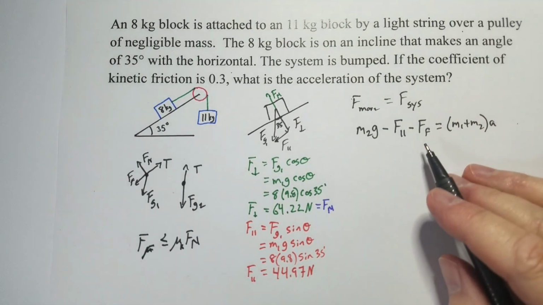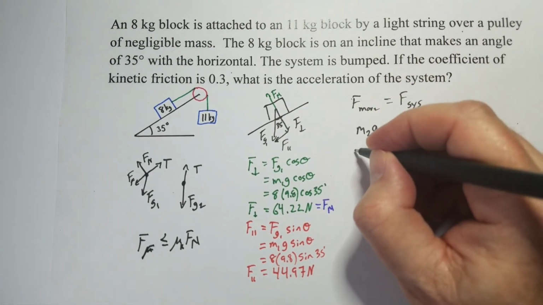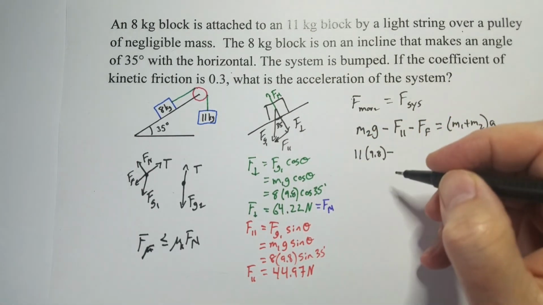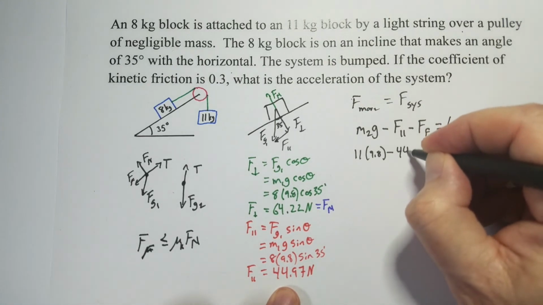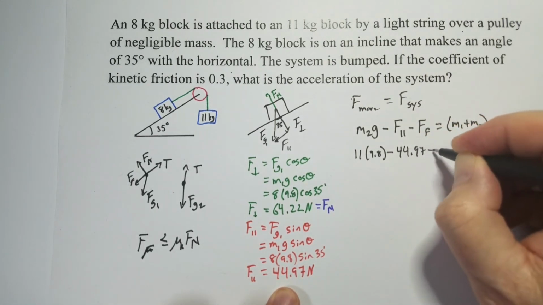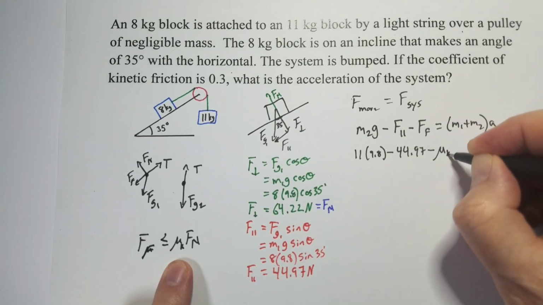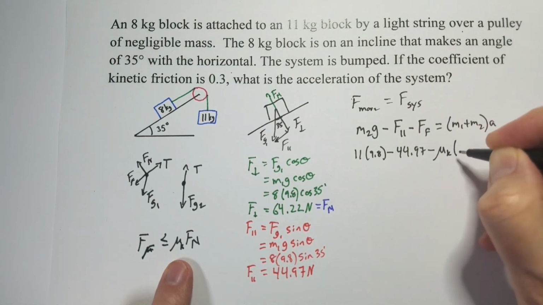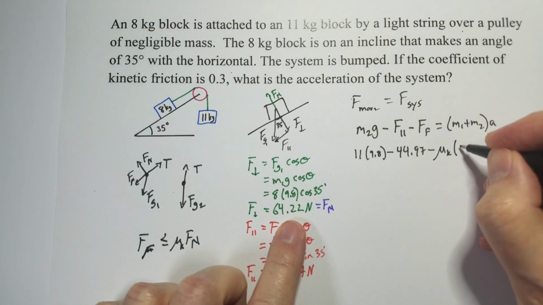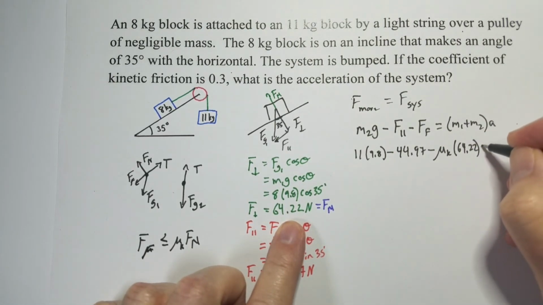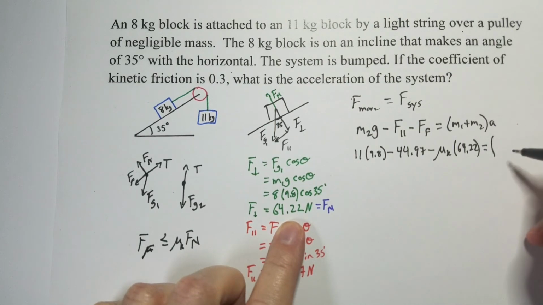So let's plug in our numbers. We've got 11 times 9.8, minus the force parallel, which is 44.97, minus the force of friction. Force of friction will be our kinetic friction, 0.3, times the force perpendicular, which is 64.22. The mass 1 is 8.